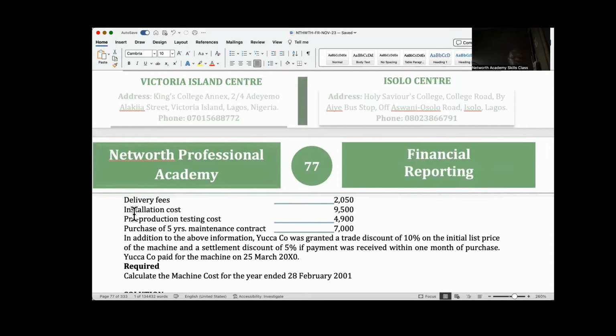What about the installation cost? Yes, added. What about pre-production testing cost? Yes. Okay, what about purchase of a 5-year maintenance contract? Expense. Good. So we are going to expense it over how many years? 5 years.